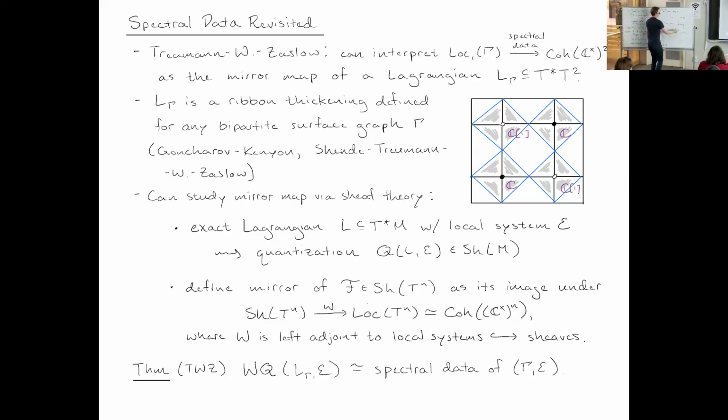And just like here, the quantization of a Lagrangian is supported on its image under the projection of the zero section. So the sheaf you get out from this construction will be supported on a bunch of regions around the vertices, and it'll be alternating in degree 0 and degree -1, one-dimensional pieces.